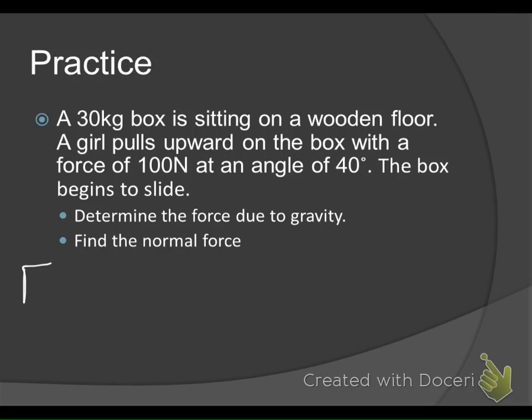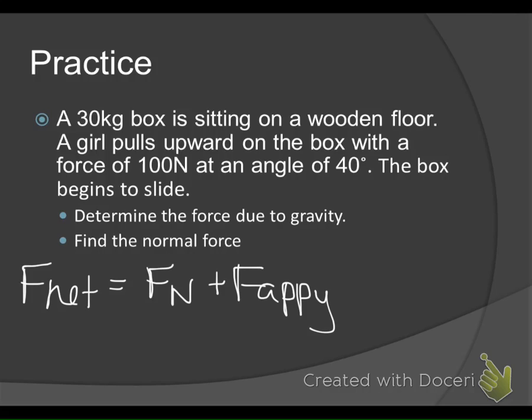Okay, our F net in the vertical direction will be our normal force plus our force applied Y minus F sub g. Because if we take that triangle and break down those components and add them onto the correct axes here, this would be F sub g, we'd have F sub n, and then on top of that we'd have F applied Y. Does everyone see what I did there?